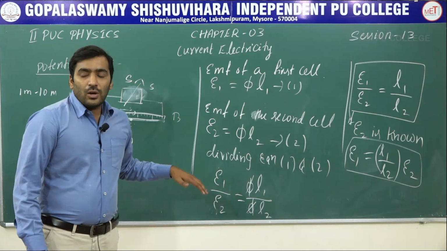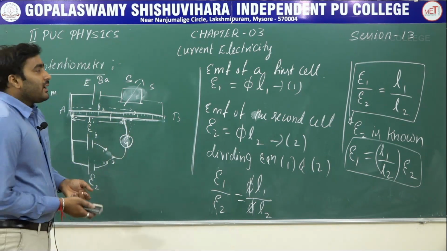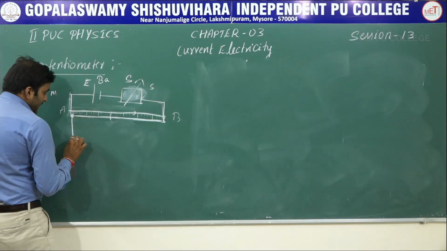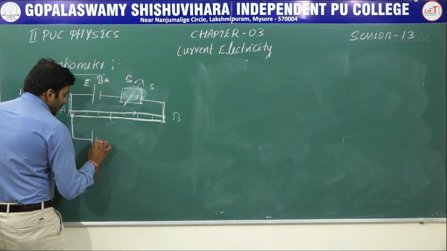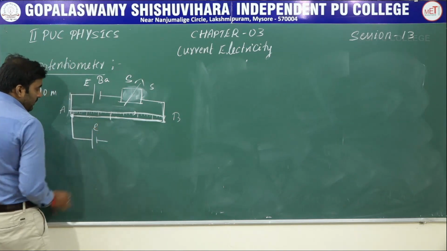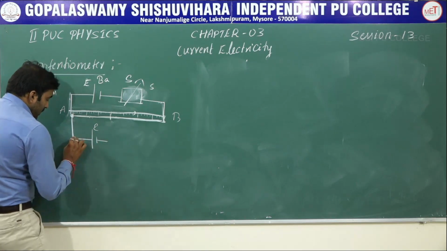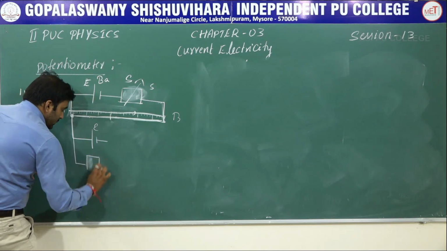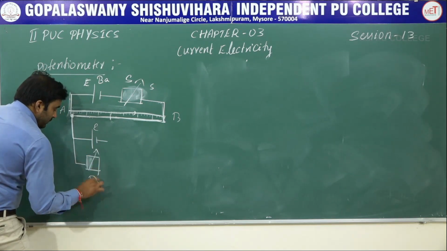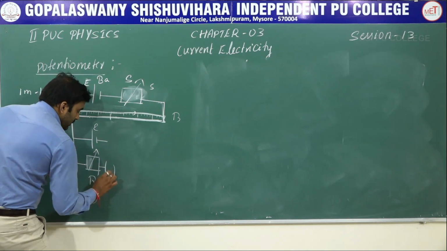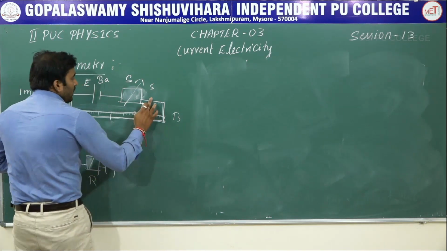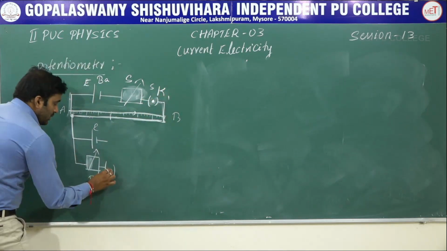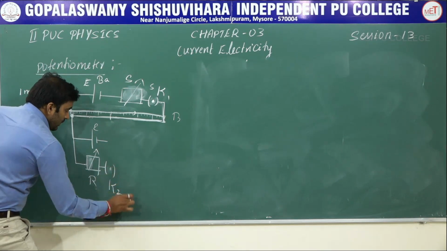Next we will move on to the next topic: how to find the internal resistance of a given cell using a potentiometer. Let us connect a cell of EMF E, and along with this we connect a resistor with a key, and here we have another key K1, and here K2.